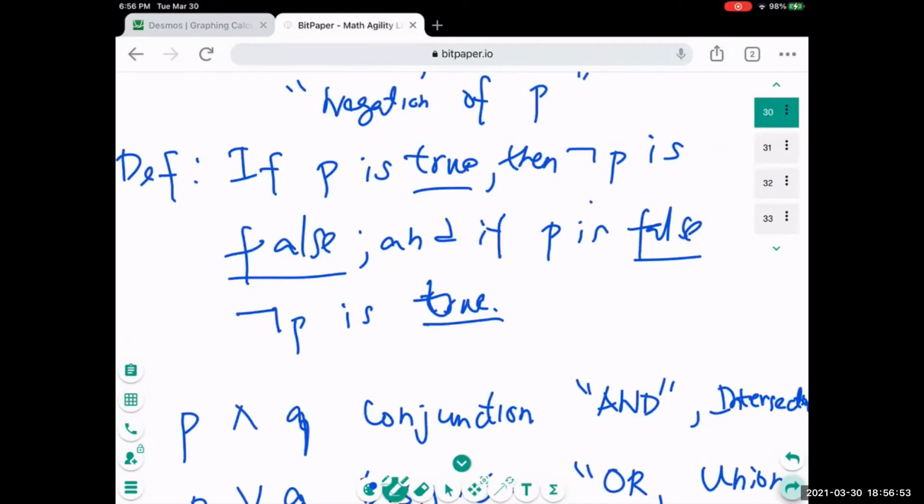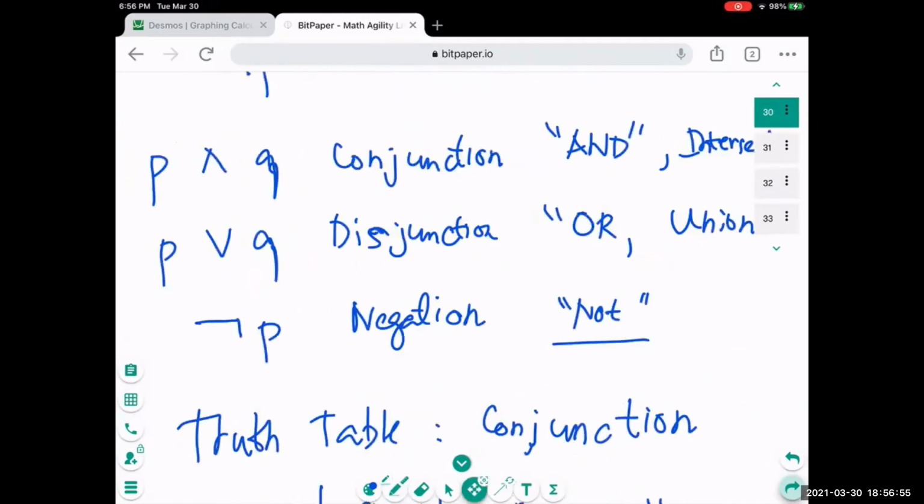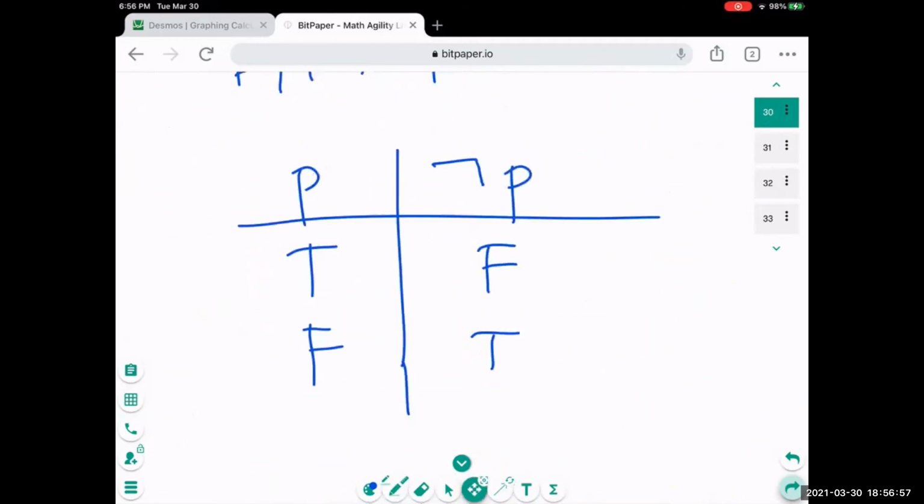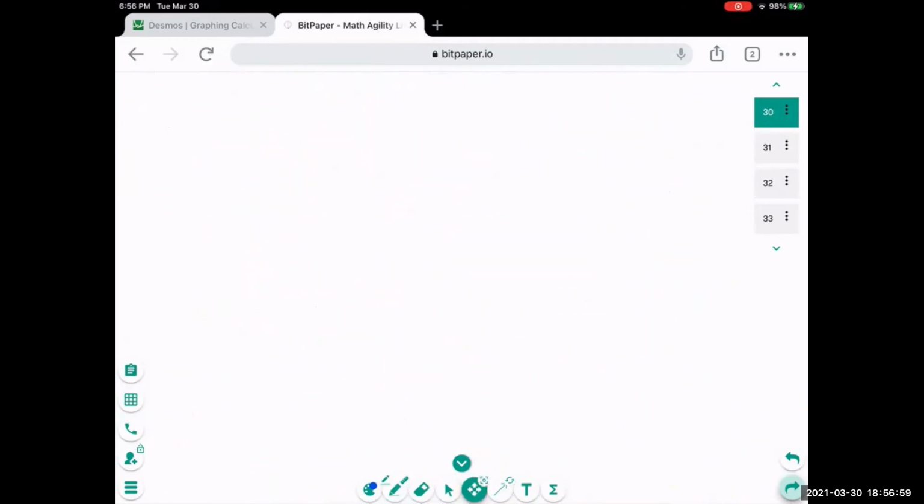Let's move this down. So, equivalency or equivalent. Logical equivalence.